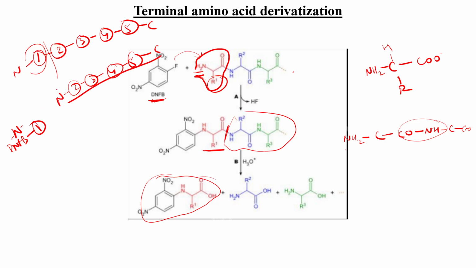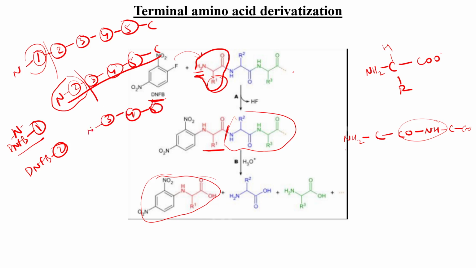Next, again, if we add DNFB, what will happen? It will react to the second amino acid, and then we can cleave it off and determine what the second amino acid is. Once the second amino acid is removed, we have 3, 4 and 5.